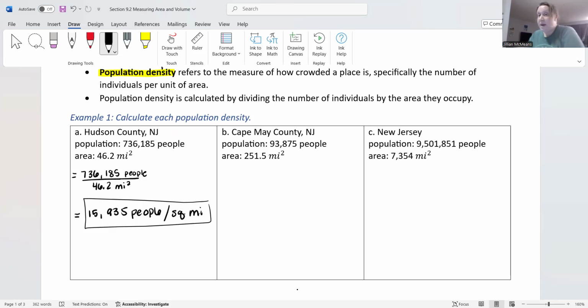Now there's Cape May County, New Jersey. So Cape May County has a population of 93,875 people, and it has an area of 251.5 square miles. So let's figure out its population density. 93,875 people divided by 251.5 square miles.